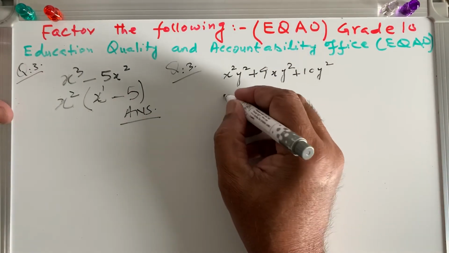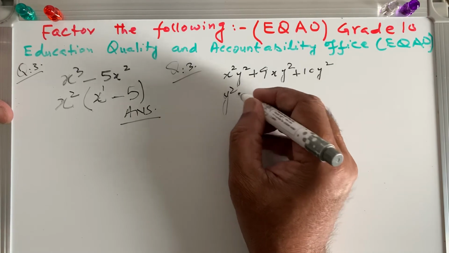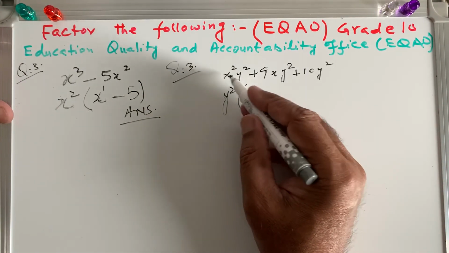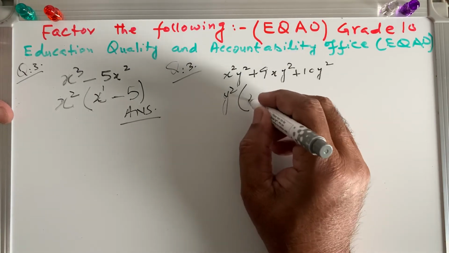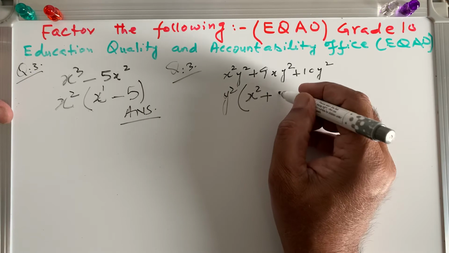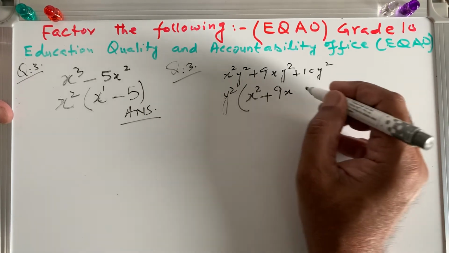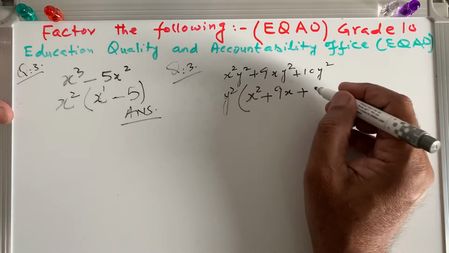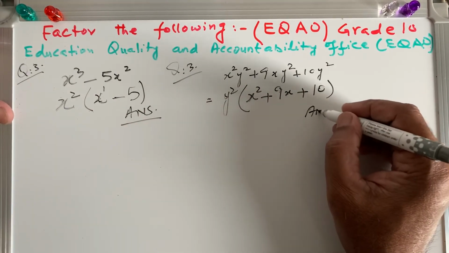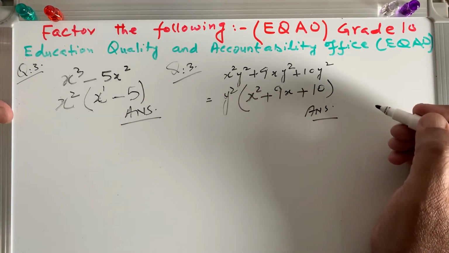So I can take y square common. If I take y square common, what is left inside the bracket? The first term, y square is gone out, so left over is x square inside the bracket. Y square is again out, 9x is left over, plus y square is out, 10 is left over. So I have this as my answer.